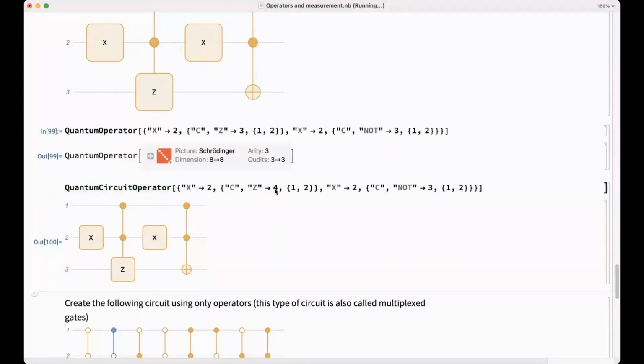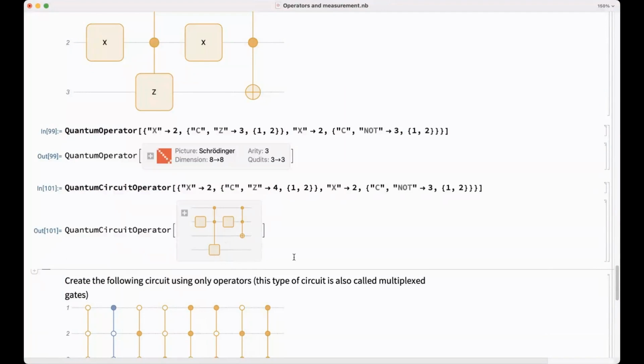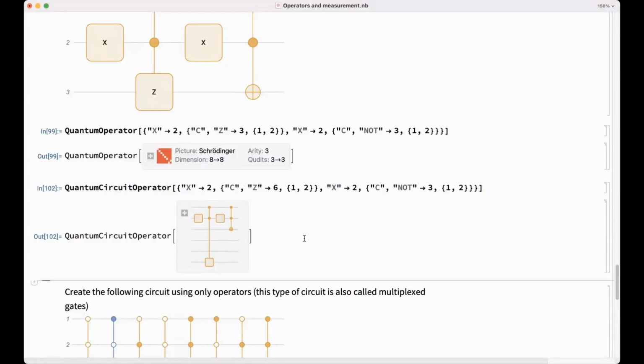You see, you can change that, so that's an interesting option. Your target can be anything, but remember, if we do not specify it, we automatically go to the next one immediately after your control qubits.